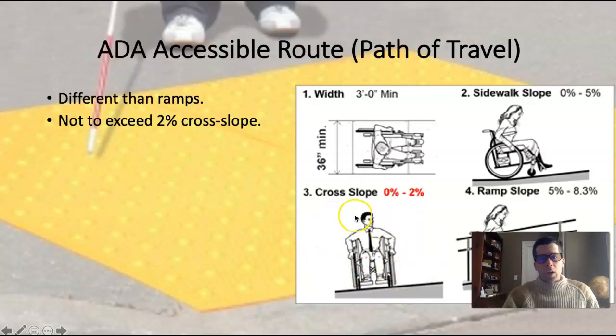This is one of the biggest ones, and this is, I would say, the thing that ends up with sidewalks getting jackhammered out the most, is that cross slope being in excess. One of the tricky parts about this when you're pouring concrete is the LSA, the licensed state architect, is going to use a 2-foot level to check this.